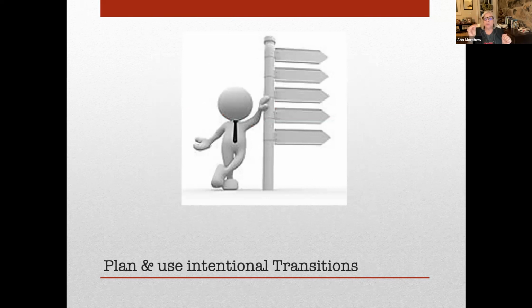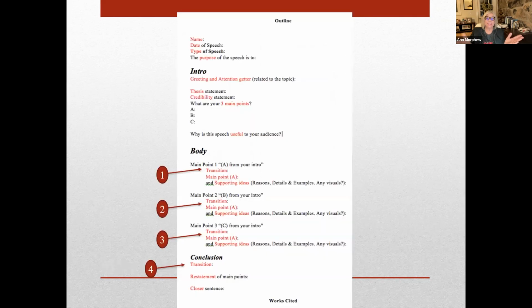Those are like guideposts. And if you can remember some of the intentionally chosen transitions, then it can take you smoothly from ideas to stories to other ideas until you're smoothly finished. In fact, in our expository outline, there are 4 spots where you need to write down some intentional transition, probably that'll be said with whatever your main points are.